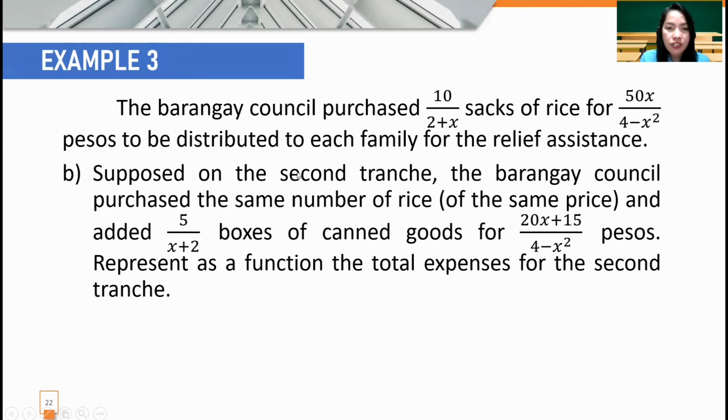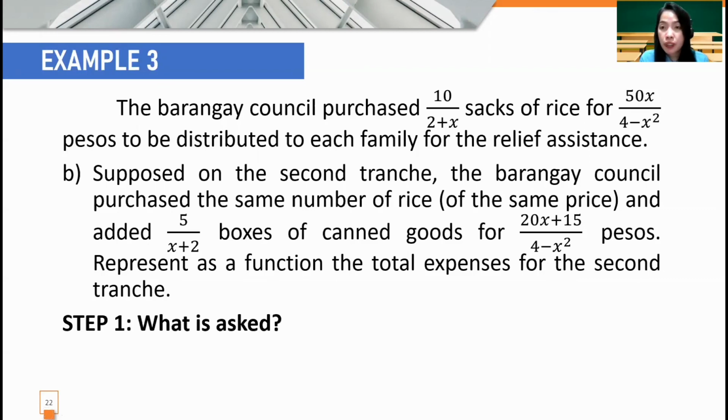Suppose on the second tranche, the barangay council purchased the same number of rice of the same price and added 5 over x plus 2 boxes of canned goods for 20x plus 15 all over 4 minus x squared pesos. Represent as a function the total expenses for the second tranche.